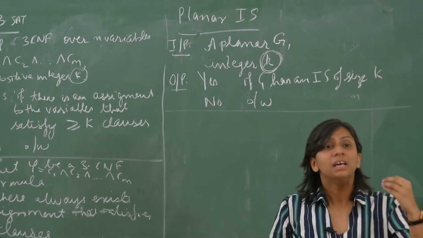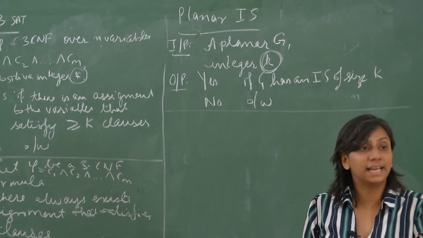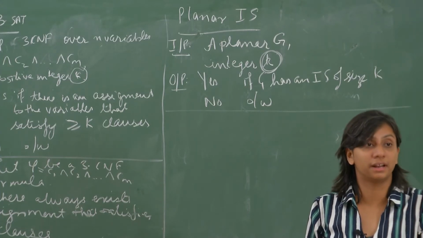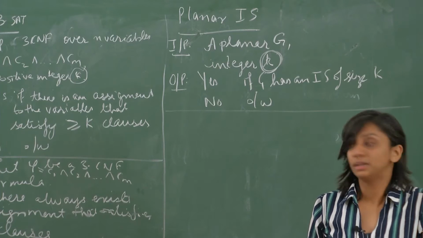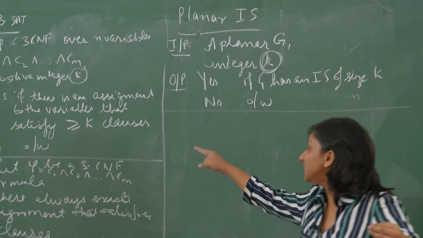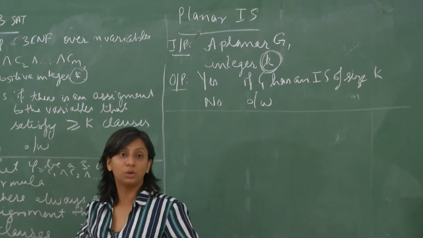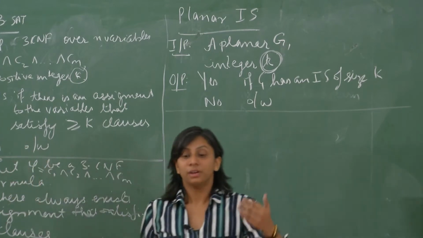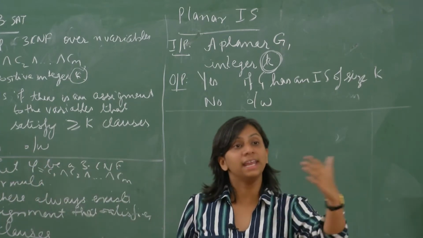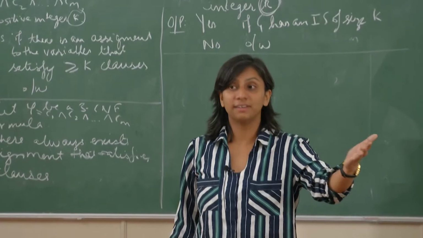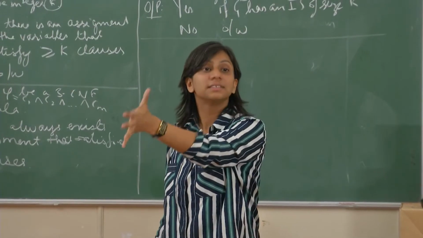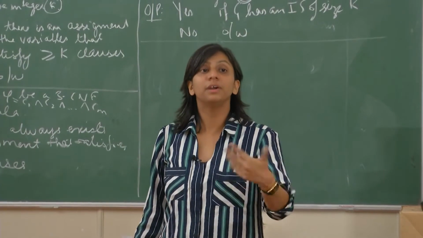Do we have some lower bound on the size of an independent set in a planar graph? Like here we had a lower bound that any assignment will satisfy at least m/2 clauses, right? So if any independent set in planar graphs will have size at least something, then probably we can try to use that fact.